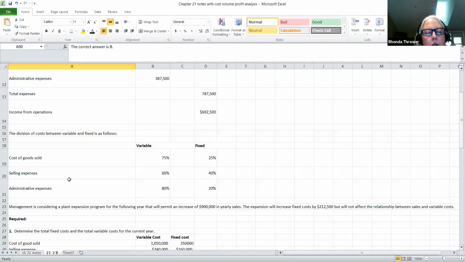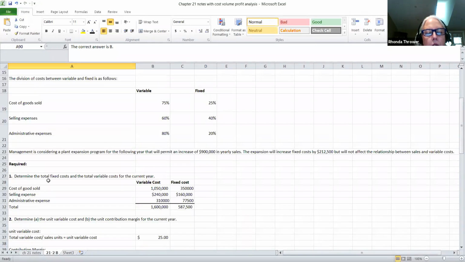What they wanted you to do first is to determine the total fixed cost and the total variable cost for the year. So what I did is I made a column for variable cost and I made a column for fixed cost. And I started by putting in the costs that were going to be part variable and part fixed: cost of goods sold, selling expenses, and administrative expenses.